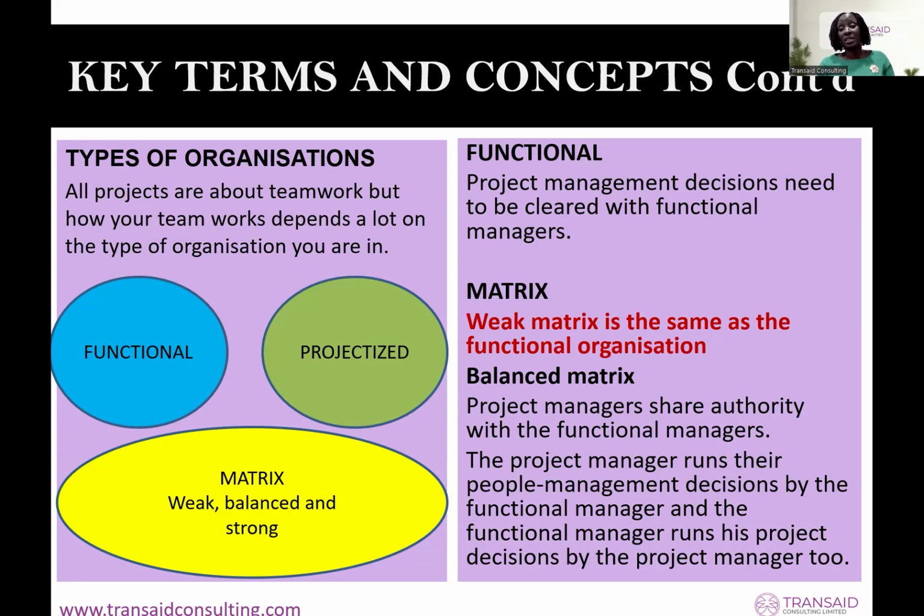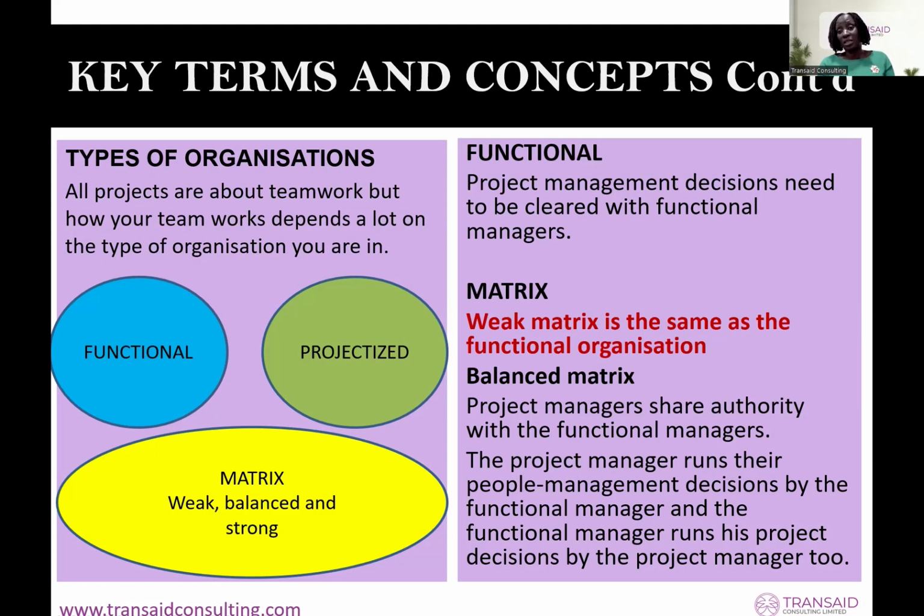In this type of organization, the functional manager has more authority than you, the project manager, because the people report to them, because there's no specific department for projects. So when it's time for a project, they pull out somebody from human resources, somebody from procurement, somebody from accounts, and they still need to do their operational work in their department. So the functional manager is more powerful, has more authority than you.